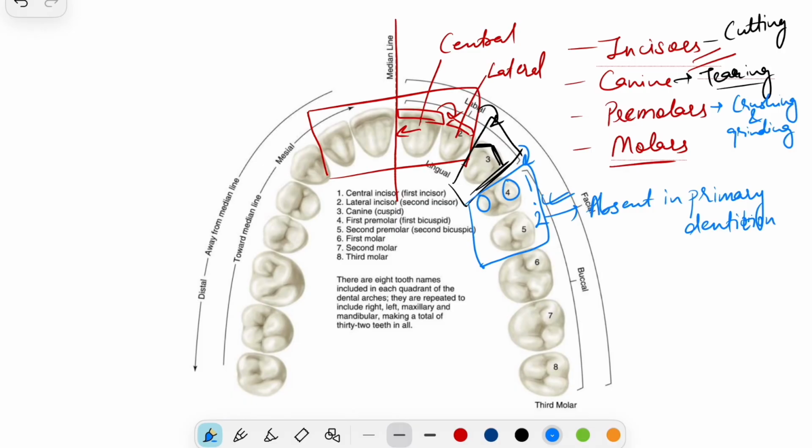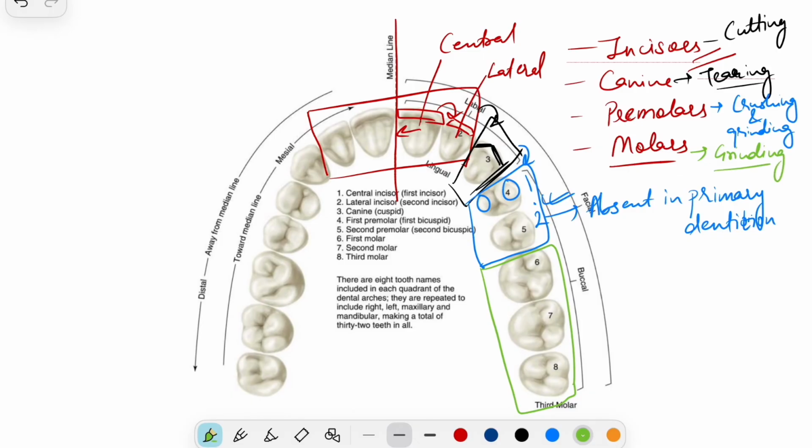Okay, now we have our fourth type here, the molars. You have it right here. They are located at the very back of the mouth, and their function is grinding food. So I'm writing it down here. Their function is grinding food.